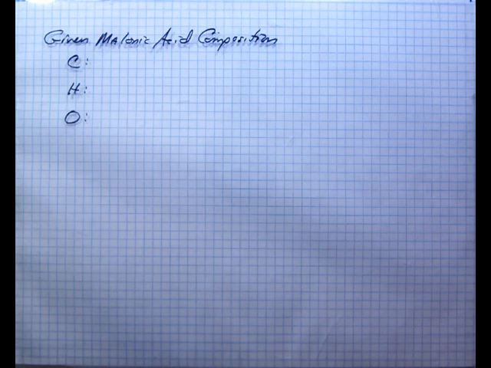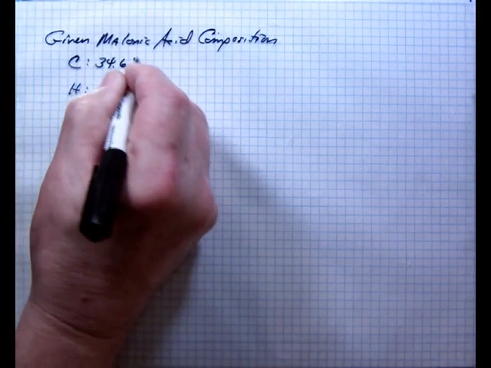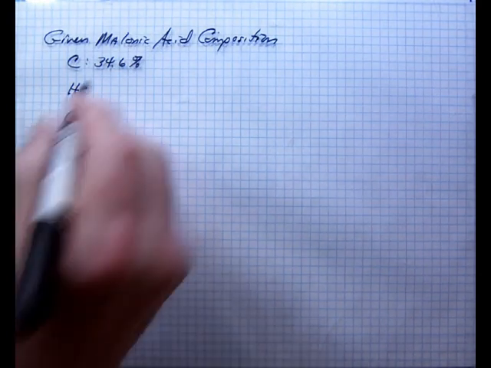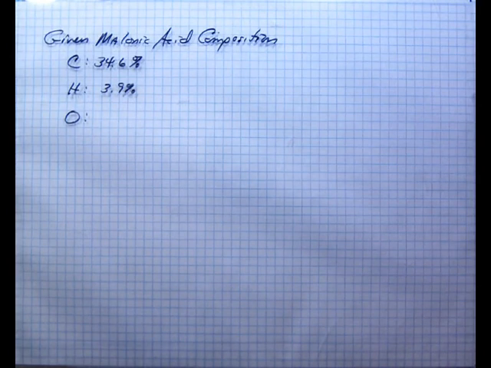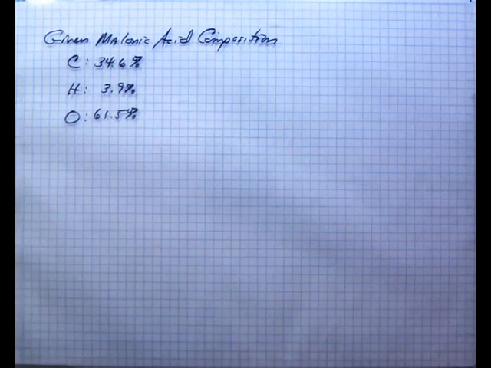Then go into the problem and put out to the side over here the percentages. This one gives 34.6% by weight of carbon, 3.9% by weight of hydrogen, and 61.5% by weight of oxygen.